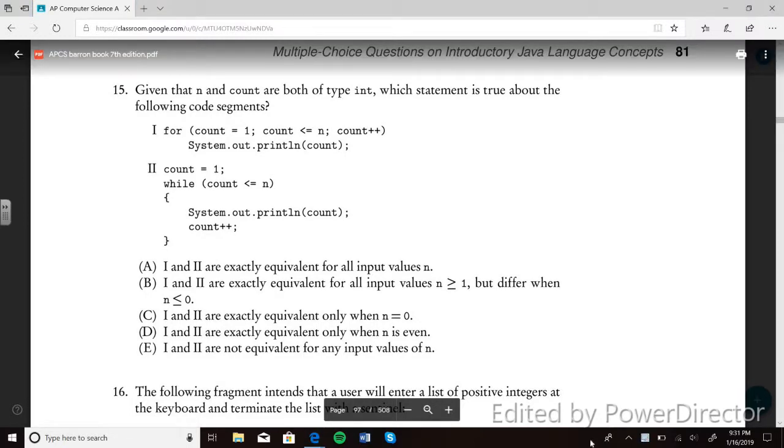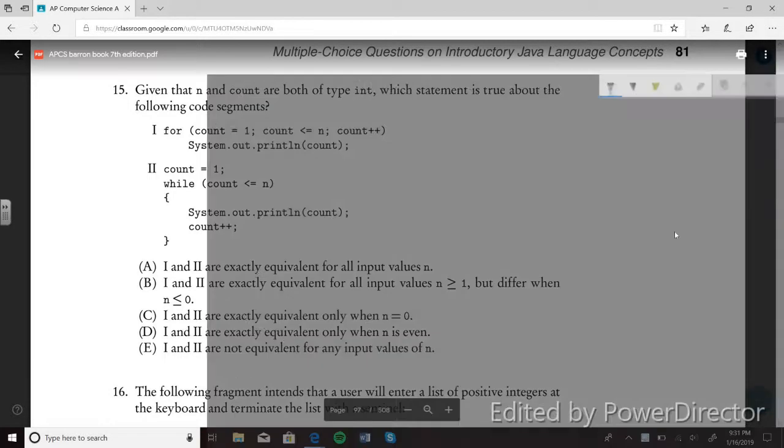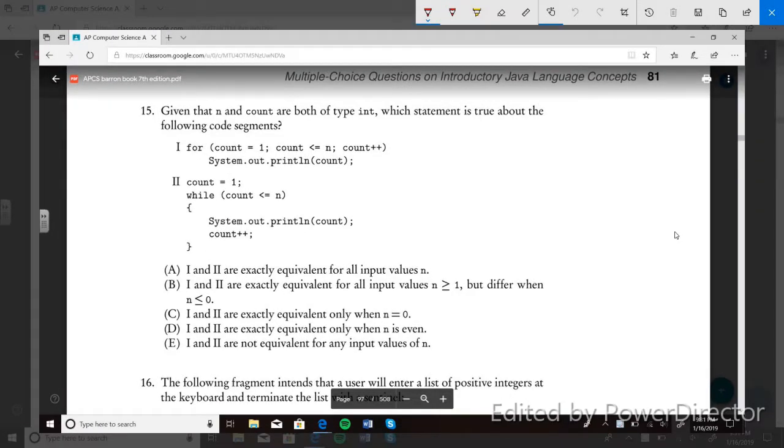So for number 15, they're asking which statement is true about the following code segments. For the first code segment, all it's doing is using a for loop and printing out all the values up till n. So if you plug in any number for n, it'll print out each value until then.